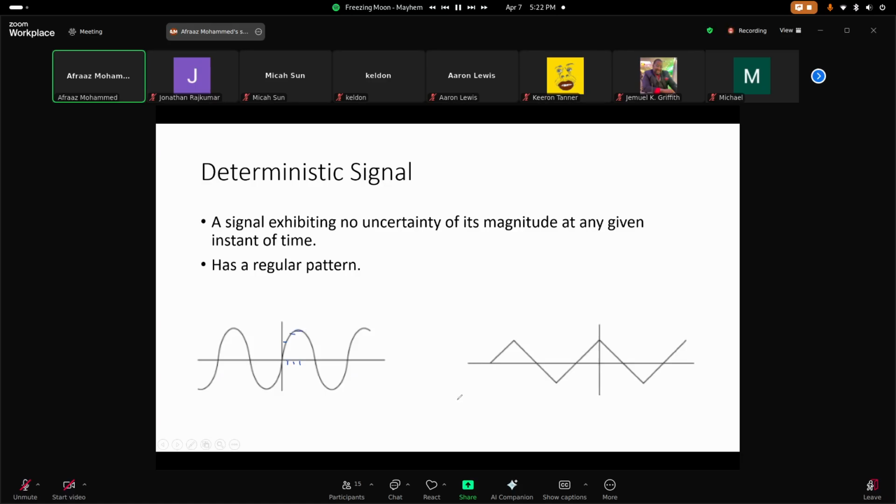That's deterministic. So this is a sine wave type system, and this is a sawtooth type system, where for any moment in time you could determine what the values are. Generally these signals can be modeled in some form or fashion by a mathematical equation.